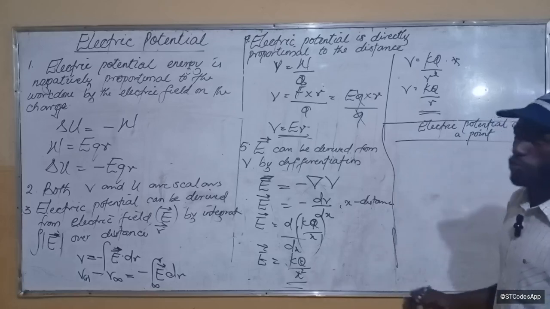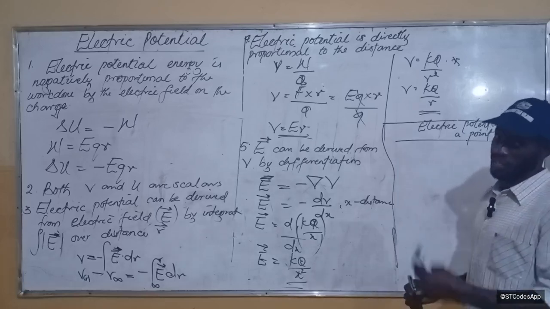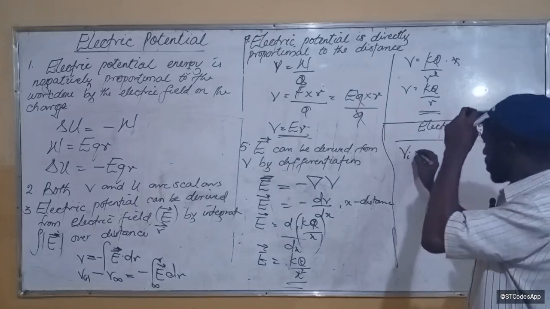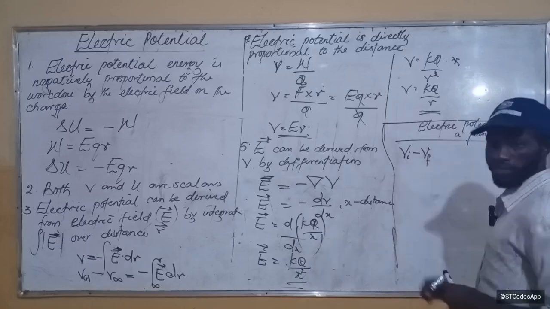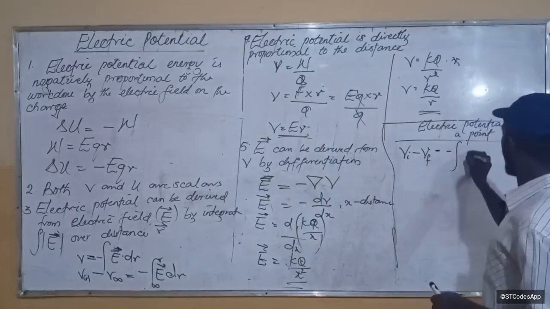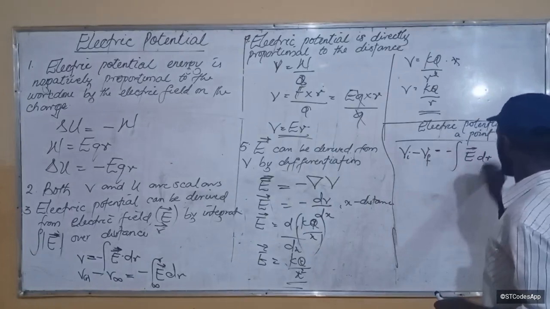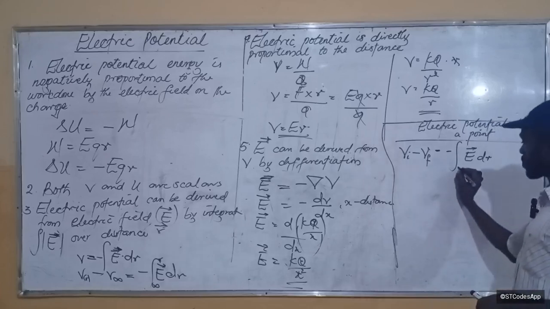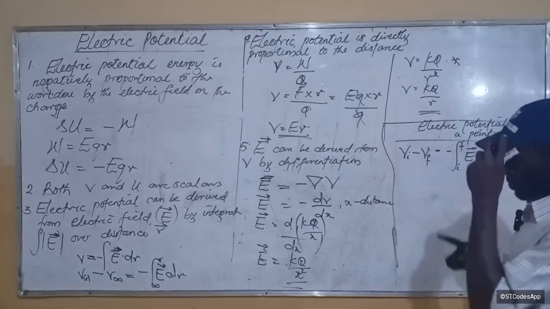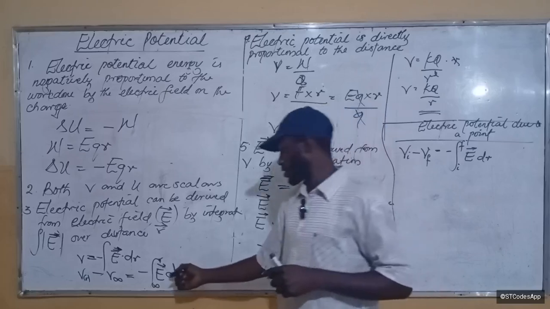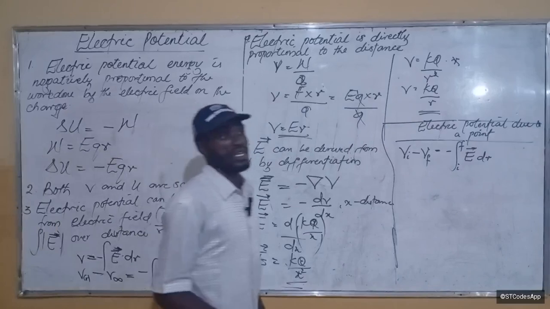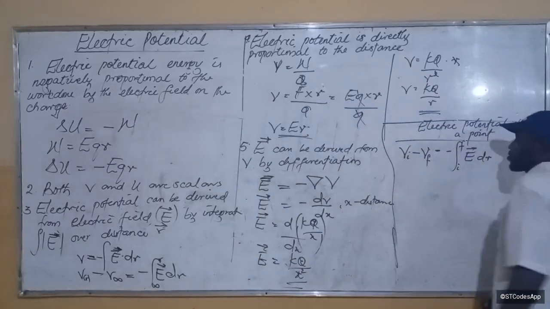So what we'll do is pick a final and an initial point, right? Okay, so the electric potential V initial minus V final is going to be the negative integral of E dr from the initial point to the final, not infinity to that point now. With infinity to the point, infinity becomes 0, because 1 over infinity tends towards 0 when you integrate.